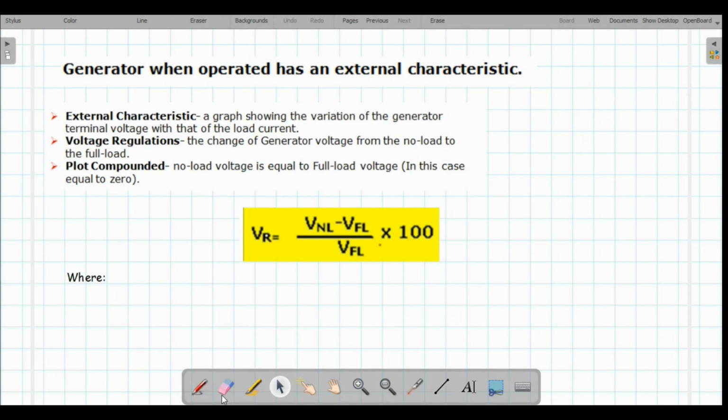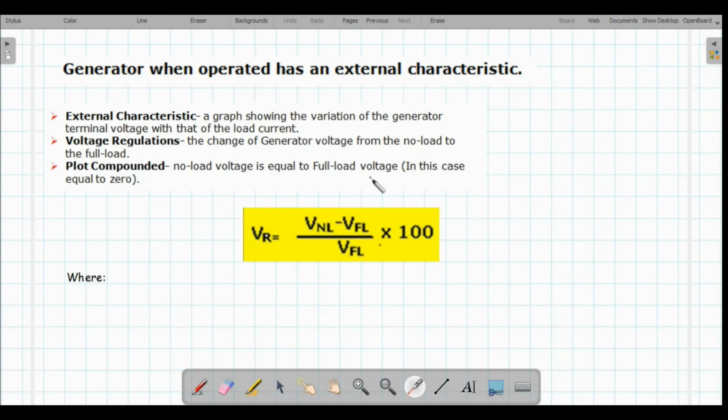Katulad nung nakikita ninyong formula. Meron tayong tinatawag na flat compounded, yan yung voltahe ng generator na walang load, equal sa full load voltage.